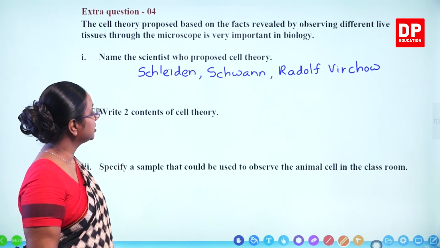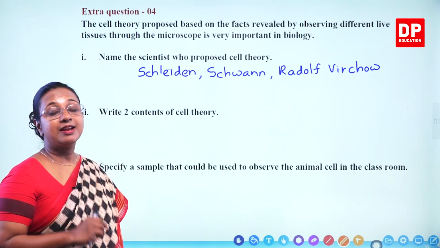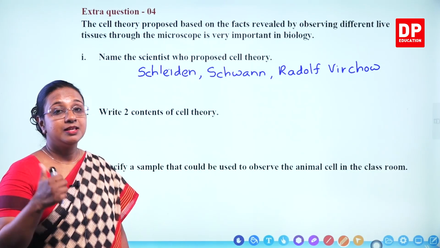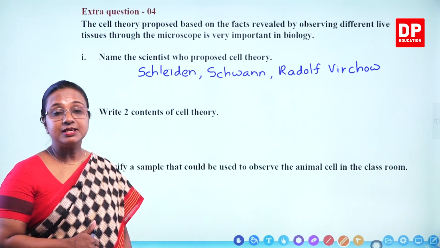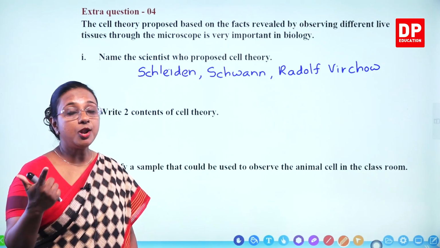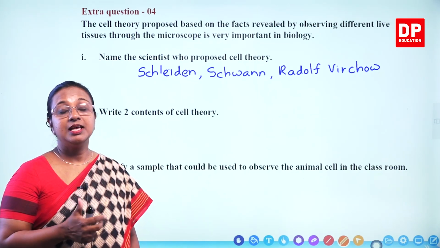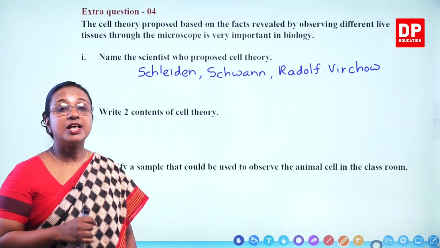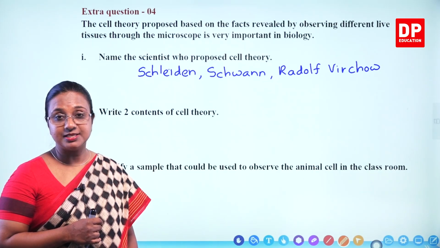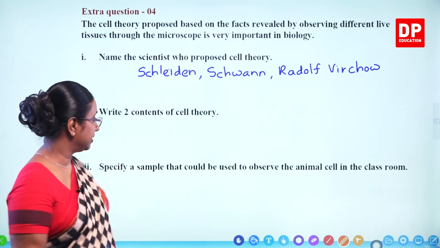Write 2 contents of cell theory. You know that there are 3 contents. Cell is the basic structural and functional unit of life. All organisms are made up of 1 or more cells, and new cells are formed from pre-existing cells. We can write any 2 contents.